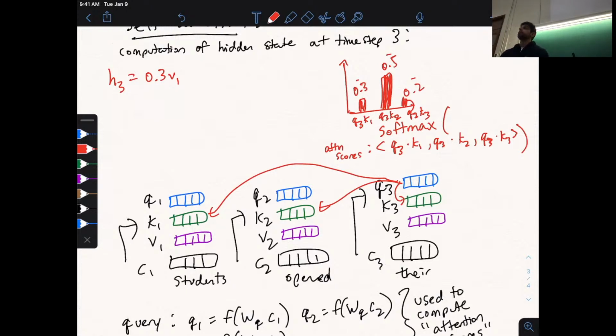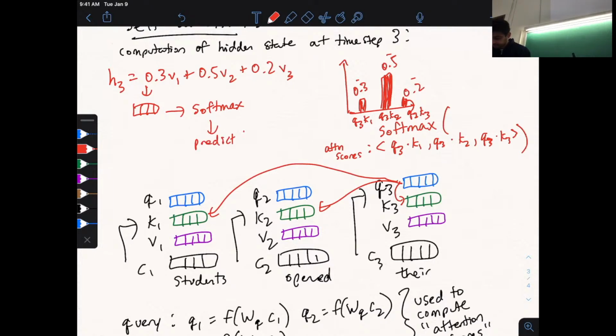The 0.3 comes from the attention score that was computed by the query and key dot product, plus 0.5 times v2 plus 0.2 times v3. So essentially, I'm taking a weighted average of these purple value vectors where the weights are determined by the query and key vectors, as I just described. So now this h sub 3 here gets passed to the softmax layer, and we predict books.